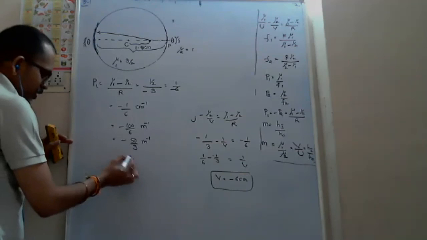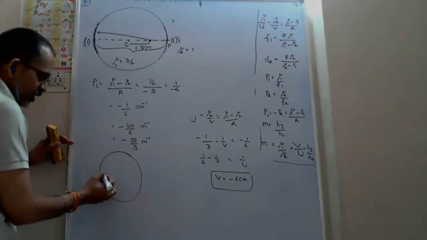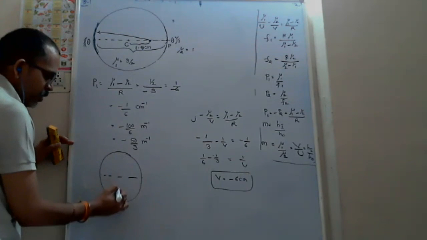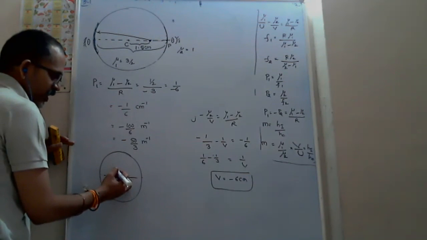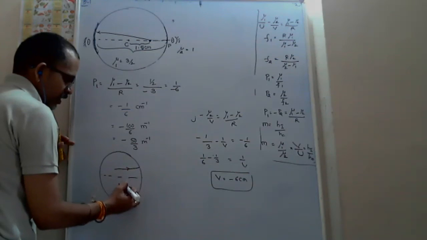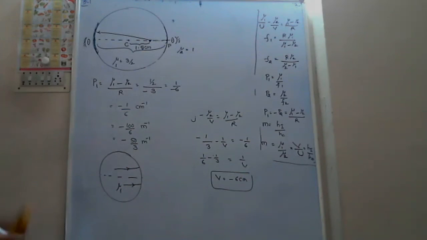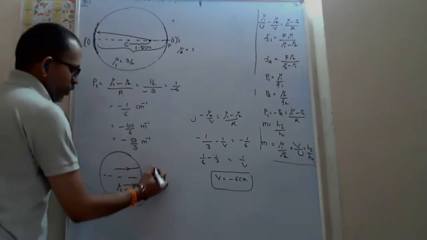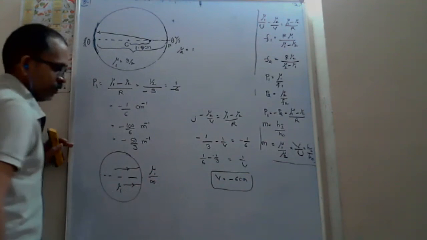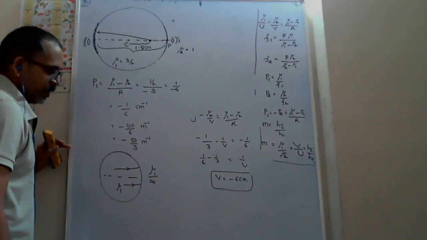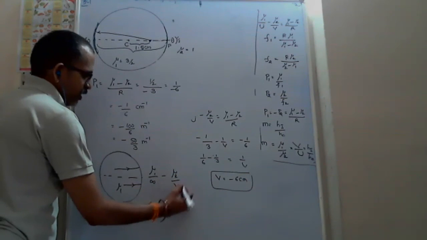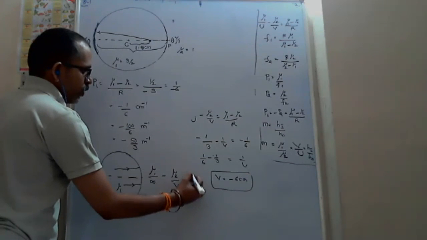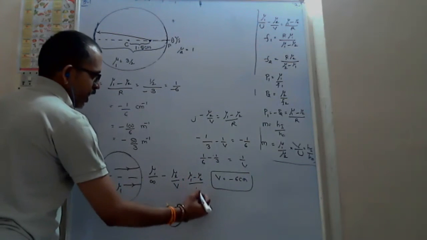But the problem is, you observe he is taking the air bubble in mu1. mu1 means his intention is to take the incident rays in the medium mu1. So I have to take mu1 by u minus mu2 by v equals mu1 minus mu2 by r.